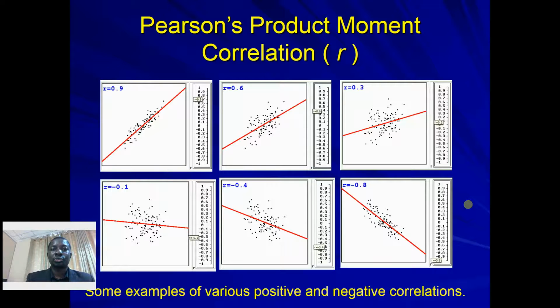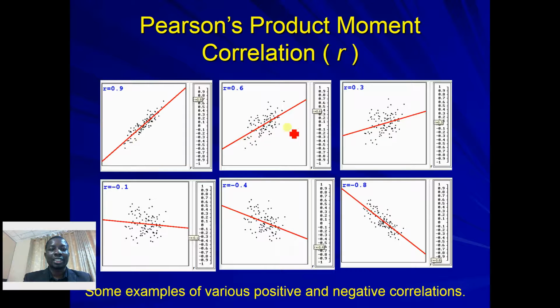Now this one shows a graphical representation of a sample, and you see, before you can even look at the correlation, at times it's necessary and good to plot, to give you an indication of what you should expect. If you look at the way it is, it shows that there's a positive correlation, but the majority of the points are moving away from the line of best fit.